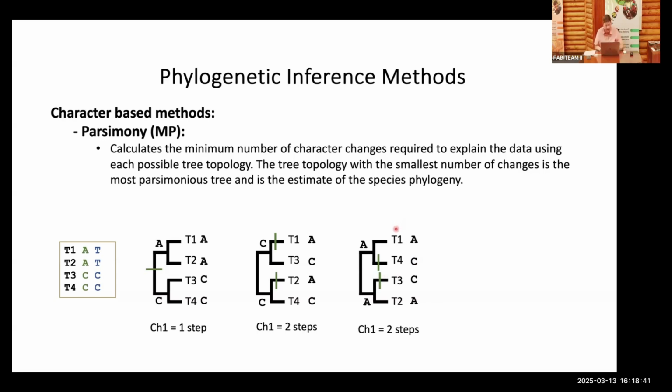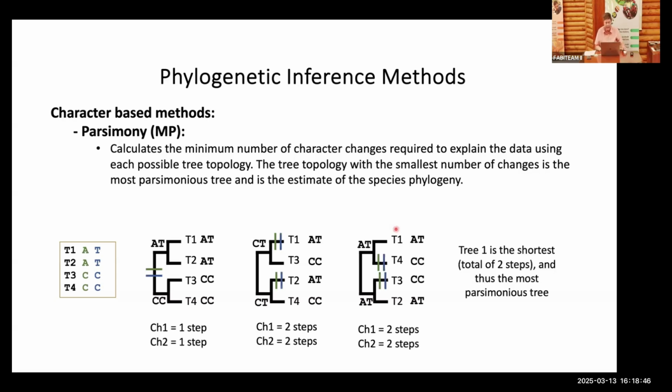So that was for one character with 2 character states. If we look at the second character, it is the same principle. We have T and T, C and C, and one change if the ancestral state is T for T1 and T2 and the ancestral state is C for T3 and T4. For this topology, it will work out to 2 steps, and the same for topology 3.